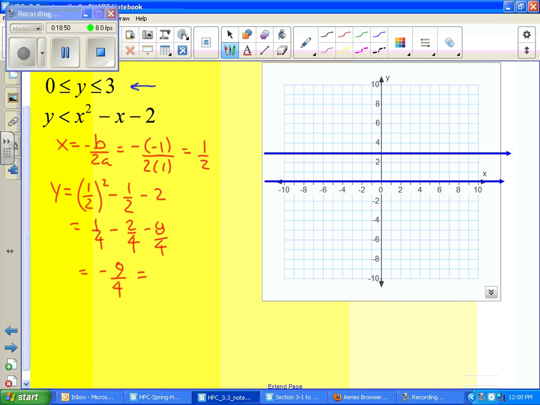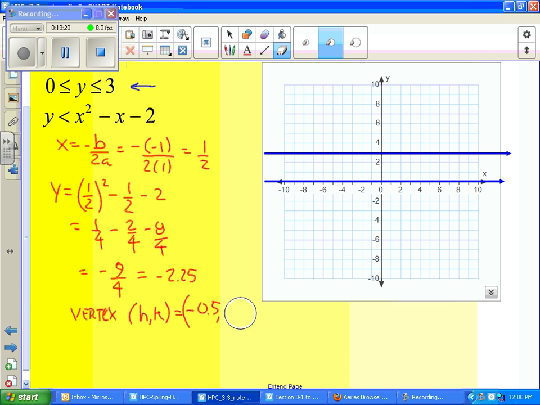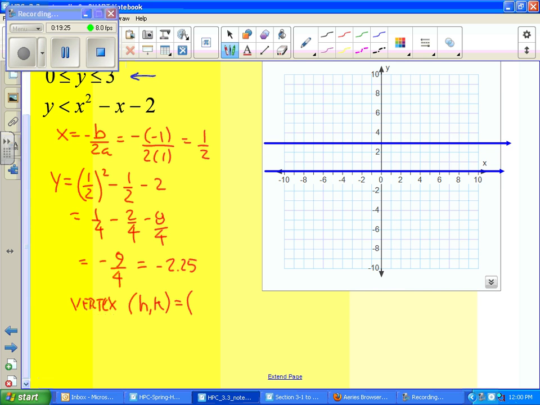It's probably easier for us to graph if it's decimal. So my vertex, with an h, k value of 0.5, negative 2.25. Did you guys have that? Switched them up. See, there we go again. Thanks for catching that. All right, there we are.